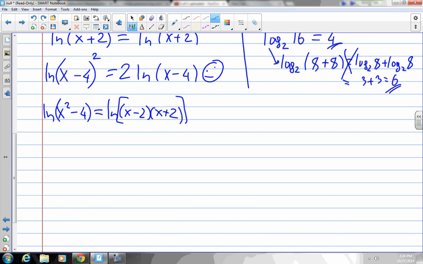And then the product can be turned into a sum. So this is probably as far as I can go with that one: natural log of x minus 2 plus natural log of x plus 2. So the product can be turned into the sum, but if you start with the sum inside, there's not much you can do. That does not break down.